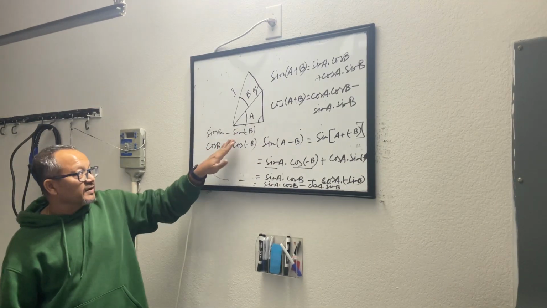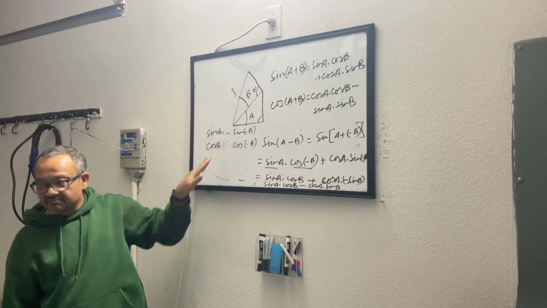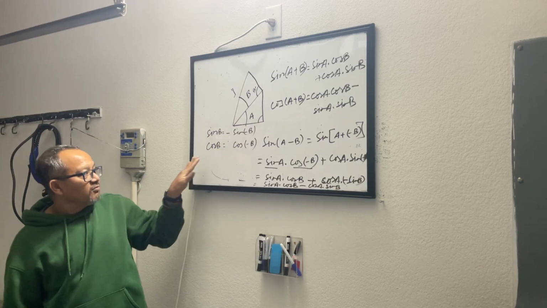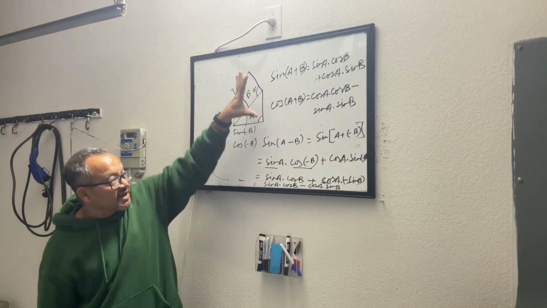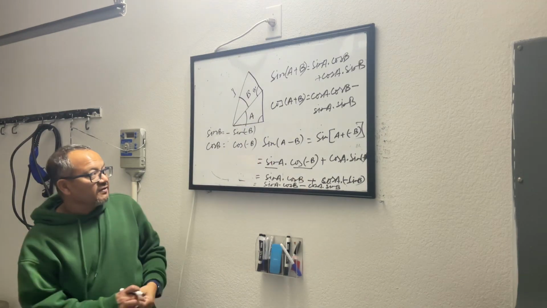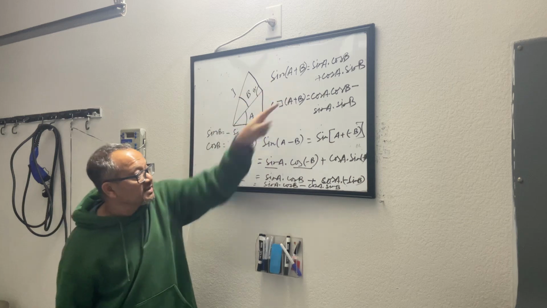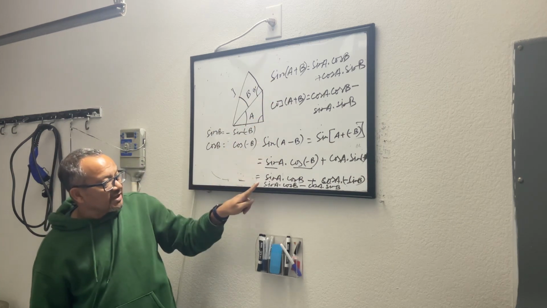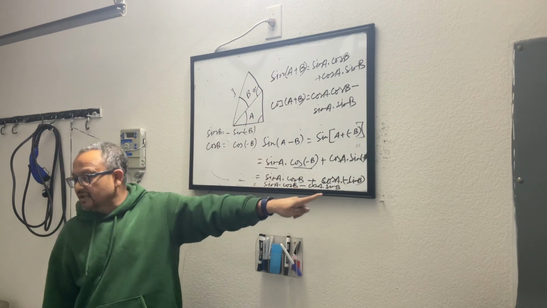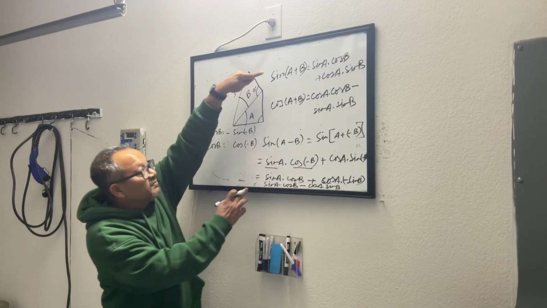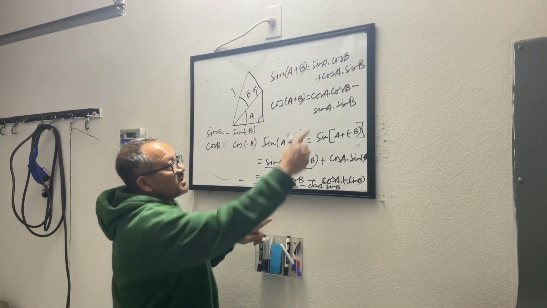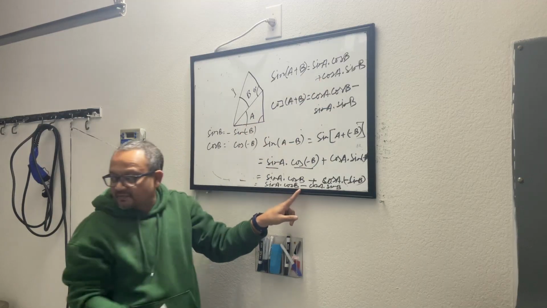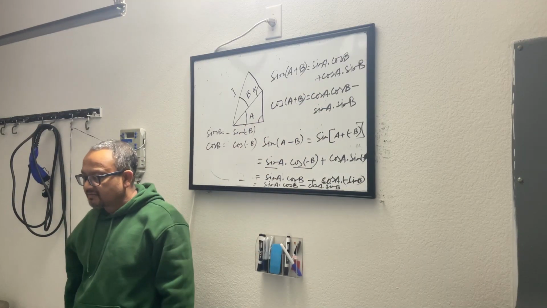So what is the difference between sine of B and sine of minus B? Negative. What is the difference between cos of B and cos of minus B? They are the same. And we are just plugging that into this equation, and we got that sine of A plus B is this, sine of A minus B will be sine of A cos B minus cos of A sine B. So between A plus B and A minus B of sine, everything remains the same, just the positive sign gets replaced with the negative sign. Make sense?